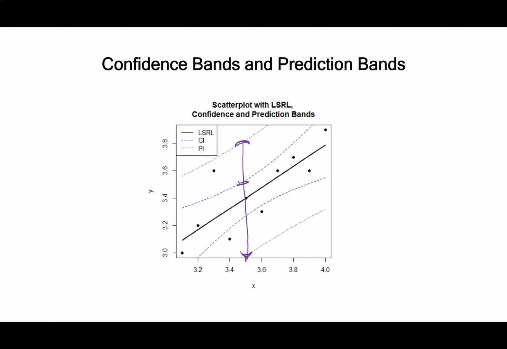So you can see the confidence interval right here versus the prediction interval. The prediction interval is a lot wider. This is just a visualization. We will not make you use it. We just wanted to show you that those confidence intervals are going to be a lot narrower. They're going to be a lot closer to that point estimate than the prediction intervals.